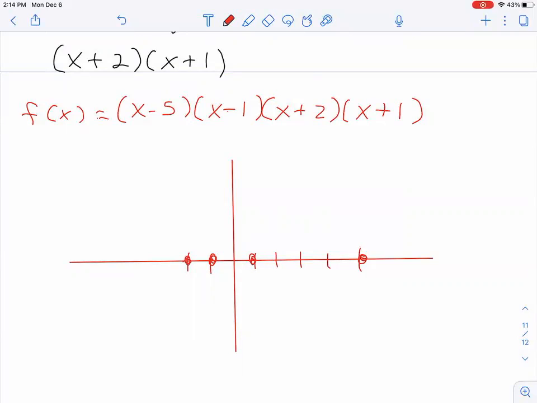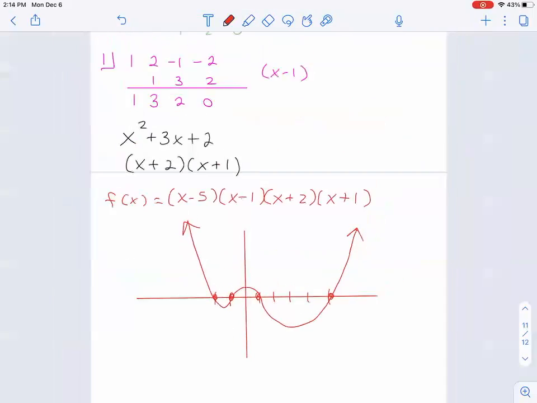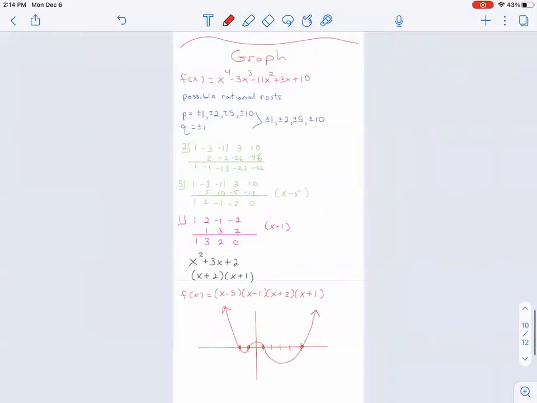I also know that the right-hand side goes up because the leading coefficient is positive, and that both ends go in the same direction. It doesn't bounce anywhere because there are no squared terms. And so my graph would look something like that.